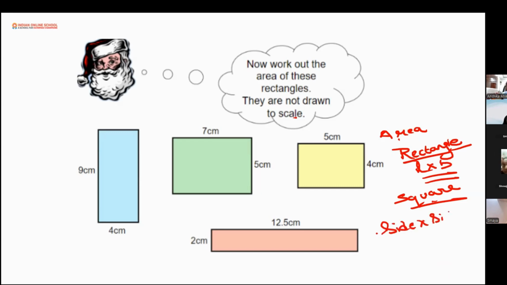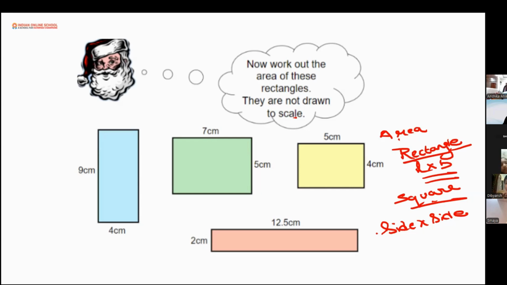Side into side. Divyansh, what's the difference between a rectangle and a square? Ma'am, all the sides of the square are the same, and in a rectangle two are the same and two are different.